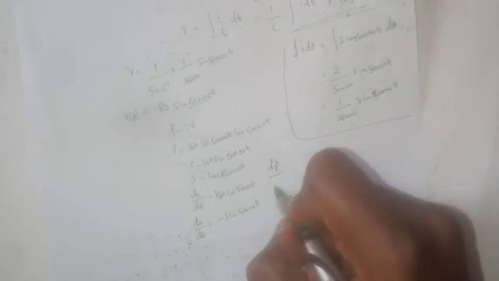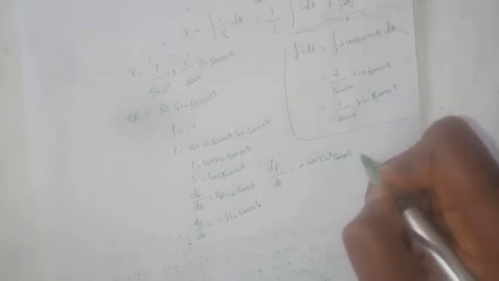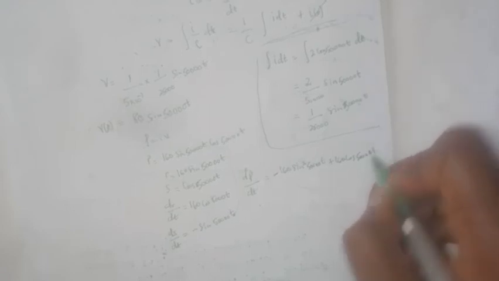Okay, and we can just use the chain rule formula, and that would lead us to dp/dt being equal to this multiplied by this. That would be minus 160 sine squared 50,000t plus 160 cos squared 50,000t.